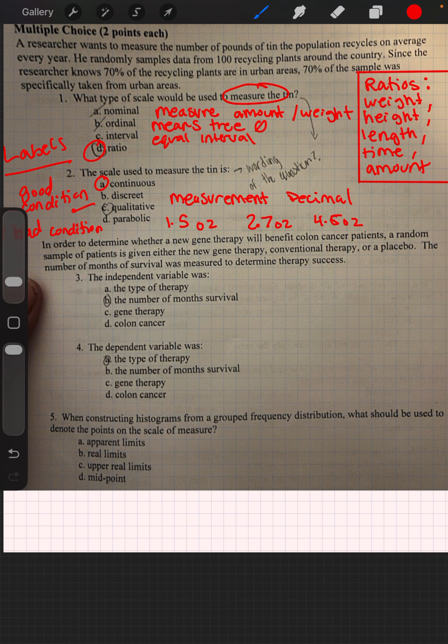To see if gene therapy works, the independent variable is what changed, and the dependent is what's being measured.